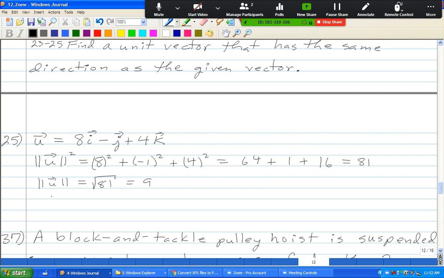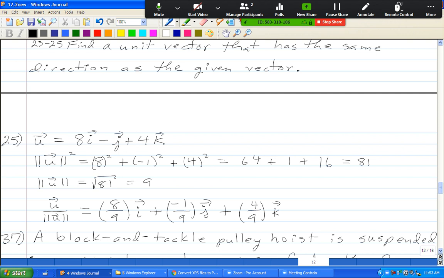Therefore, the unit vector in the same direction as the vector u will be, divide by 9, so it's 8 over 9 i plus negative 1 over 9 j plus 4 over 9 k. So this is a vector in the same direction, but it's a unit vector.